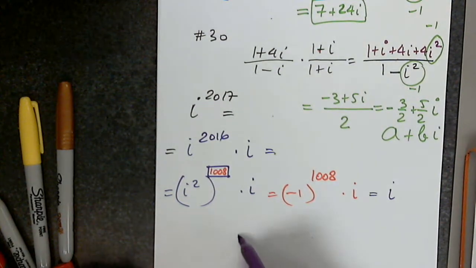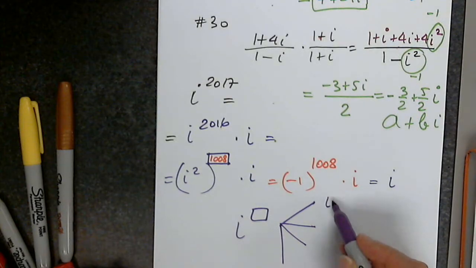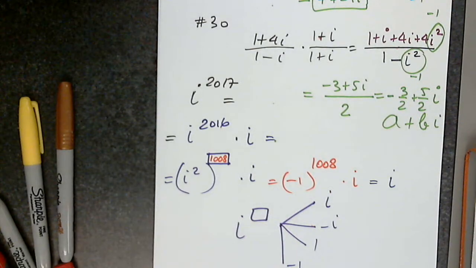So remember, i to any power you want can give you 4 possible results: i, -i, 1, or -1. You cannot obtain any other result. And you should practice. You should just say, okay, i to the 17th, i to the 555, i to the 50th, and i to the 35, and see, you cannot get anything else but one of these 4.